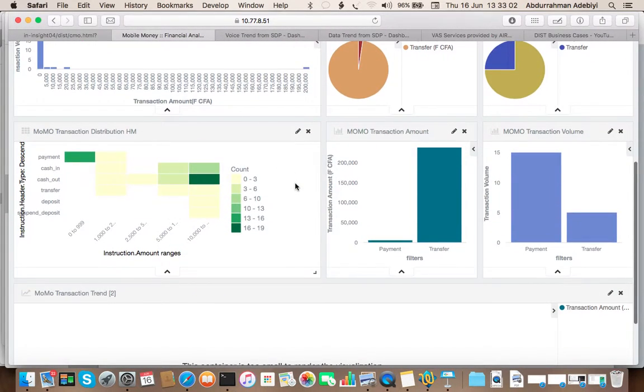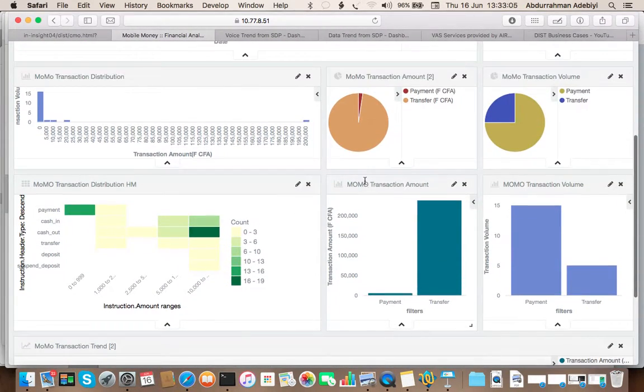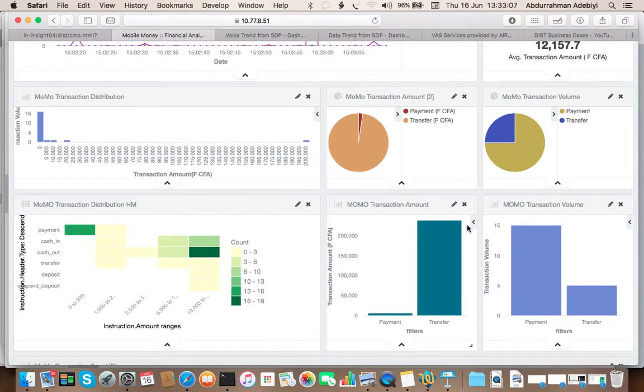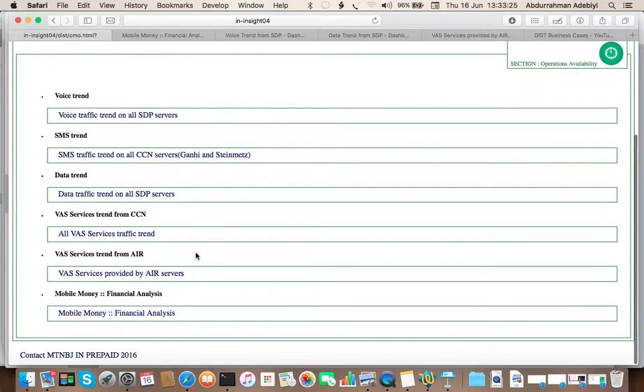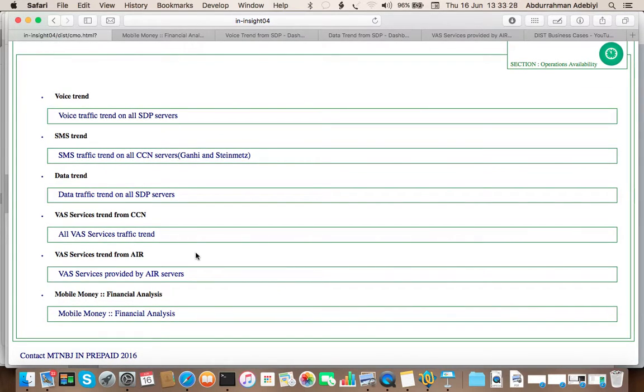So basically, what this shows is that we had more payment transactions, but the single transfer transaction was way above board. It was really high. So this gave them a lot of intelligence, from a visualization point of view, they could easily spot it, and really know how that product is moving, and the trend of that particular product.